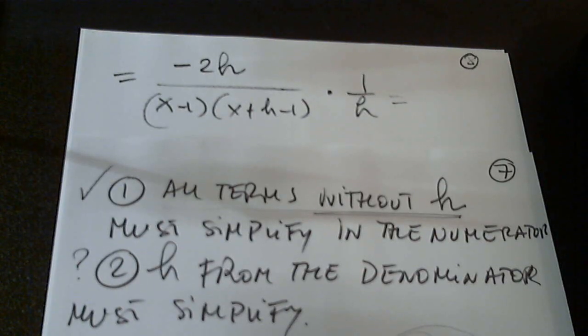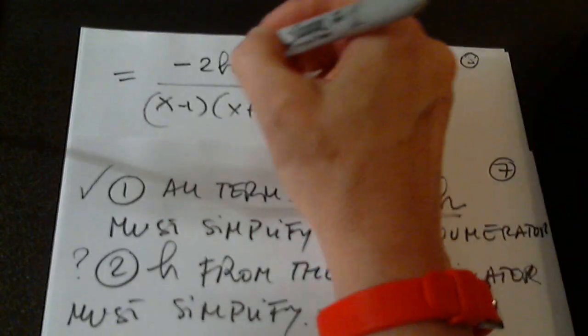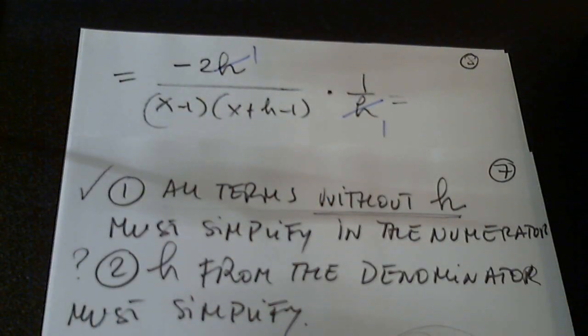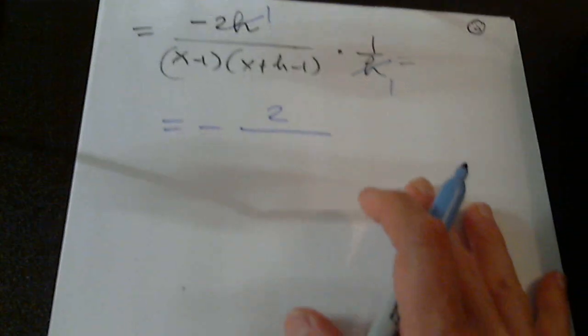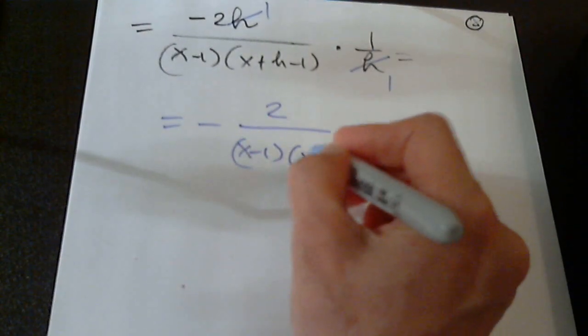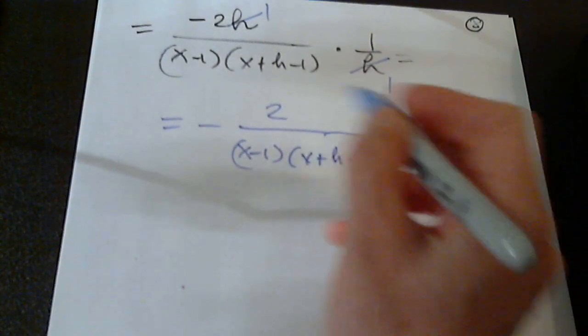Are we able to do the same technique that we did with the numerator? Of course, we simplify by h. I simplify the numerator by h, and I simplify the denominator by h. It's done. So the simplified form is negative 2 over x minus 1, x plus h minus 1.